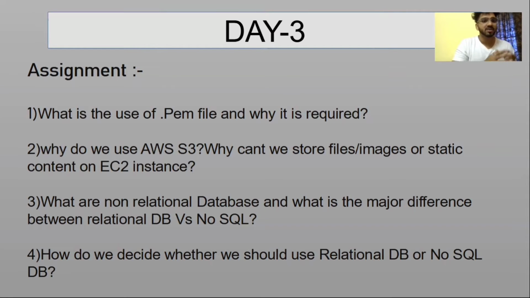So let's move to the second question, which is, why do we use AWS S3 and why can't we store files, images or static content on an EC2 instance? Here we'll try to understand AWS S3.